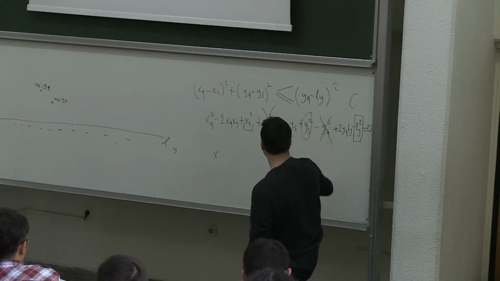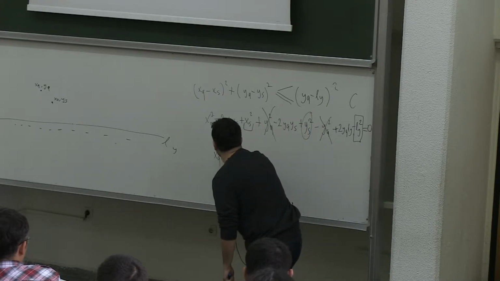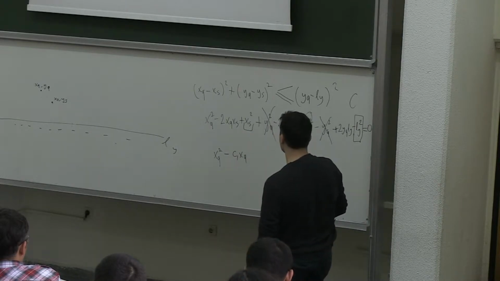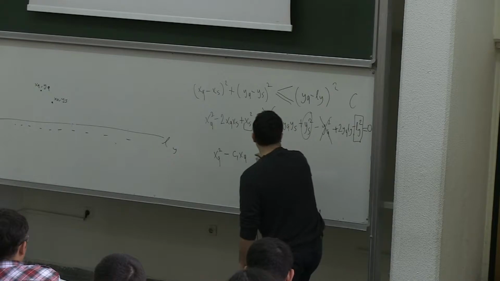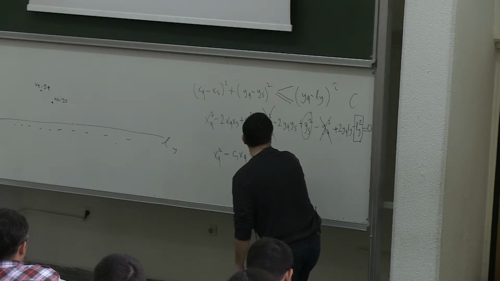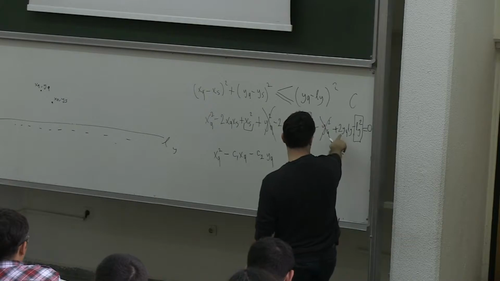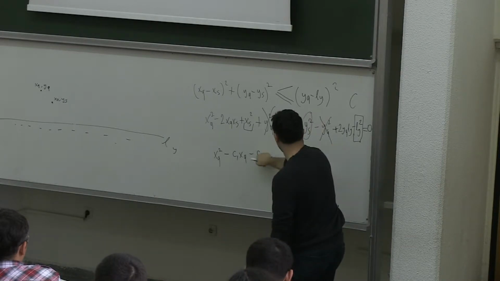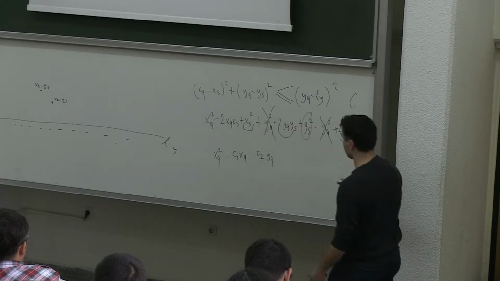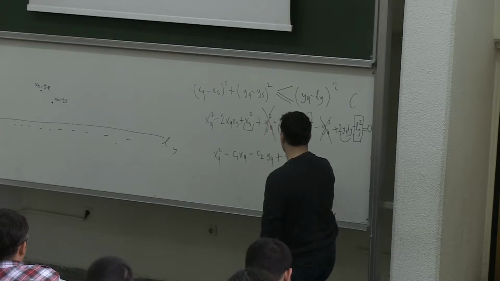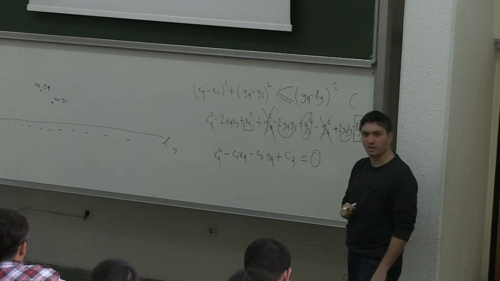So we have xq squared minus C1 xq minus C2 yq, where C2 includes ys and ly, plus another constant equal to 0. So the equation is going to look something like this, right?